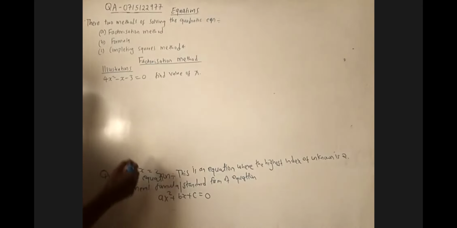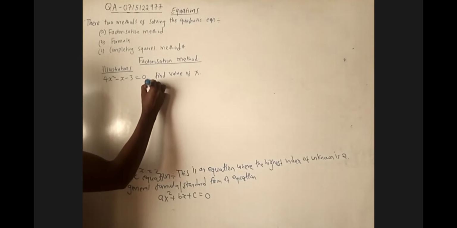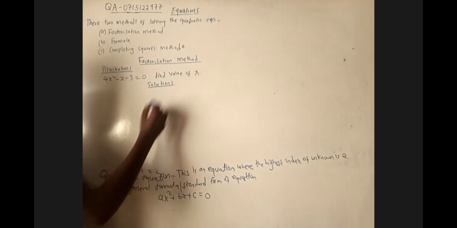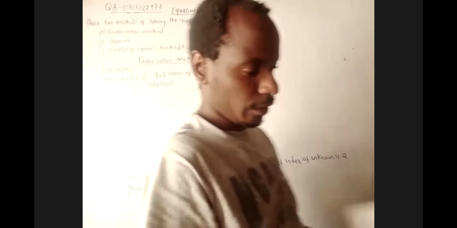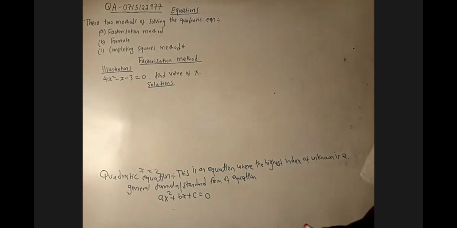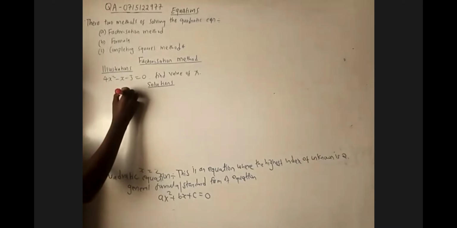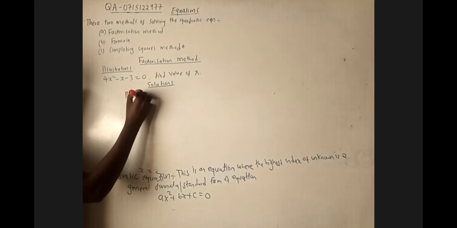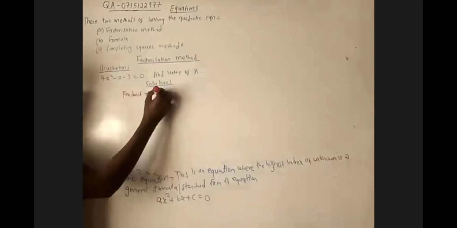Number one, we need to find the product and the sum for the two solutions. So what's the product? The product is A times C.